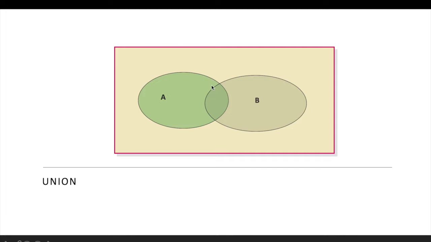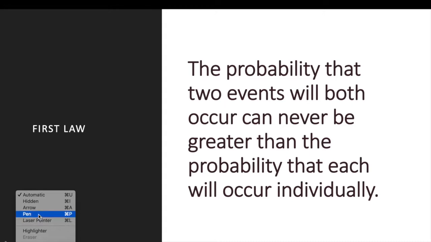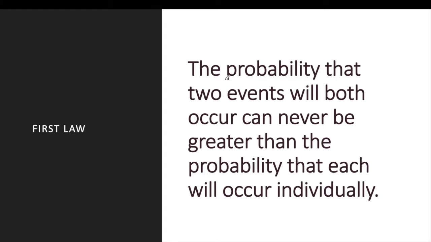So what is meant by the first law is the probability that two events will both occur. Let me highlight here. The probability that these two events will both occur can never be greater, meaning smaller, than the probability that each will occur individually.